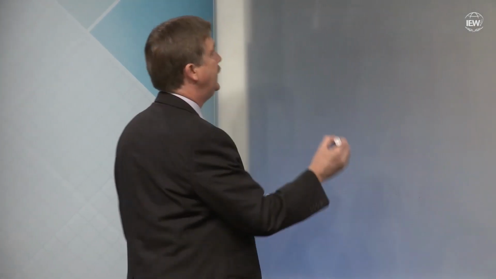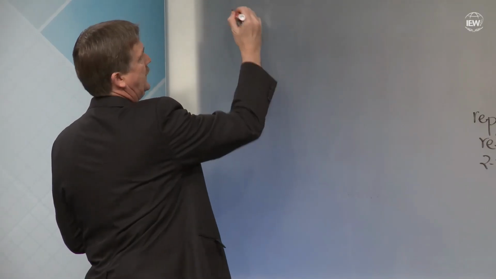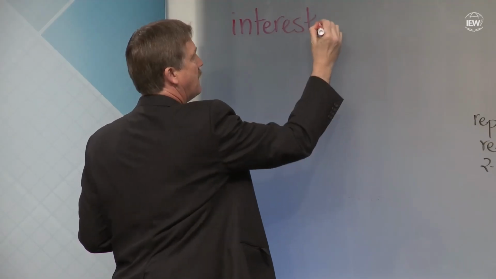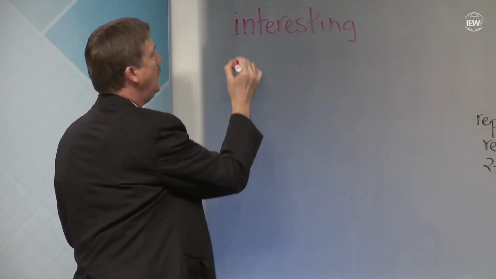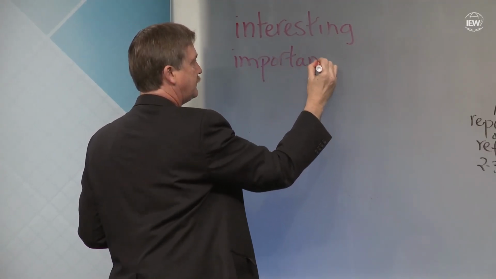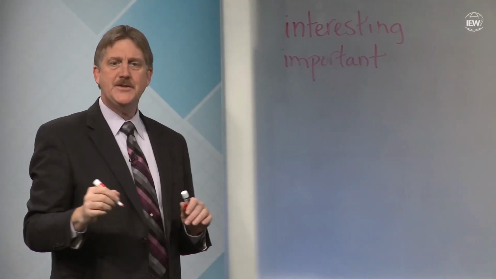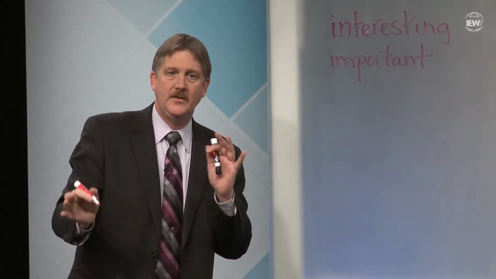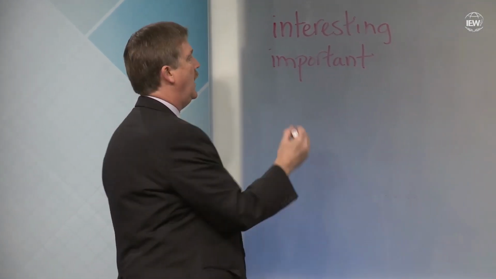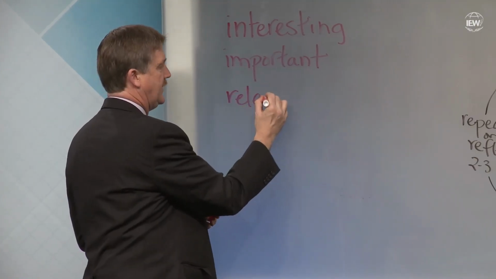I always tell the students, I want you to choose what you believe, what you think is interesting, or what you think is important. And if the students are old enough to understand the word in the context of writing, I'll also throw in a third one, relevant.